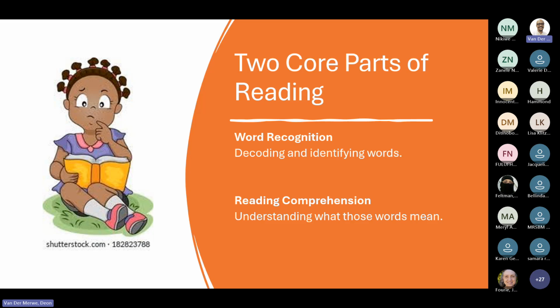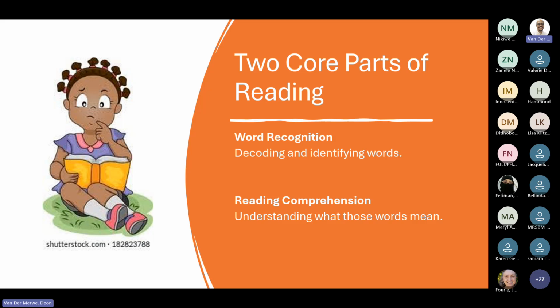In terms of word recognition, this includes decoding words and just matching letters to sound and using strategies like phonics, sight words, context clues, and word parts like prefixes and suffixes.